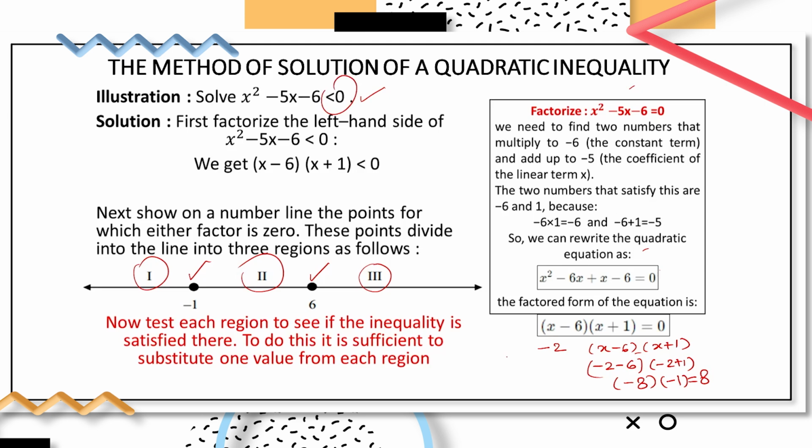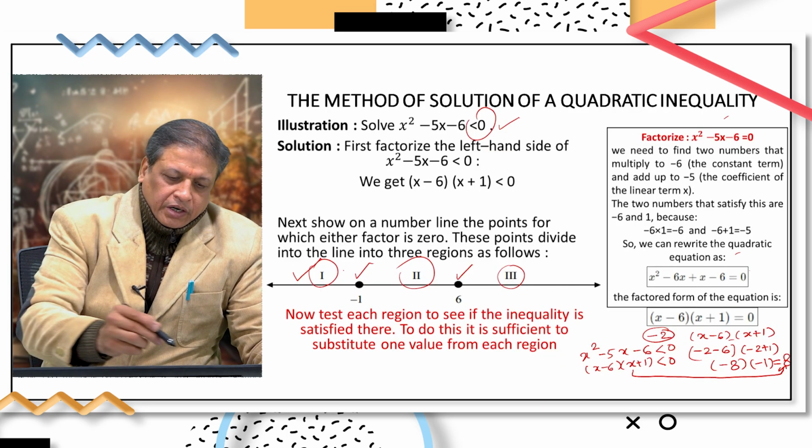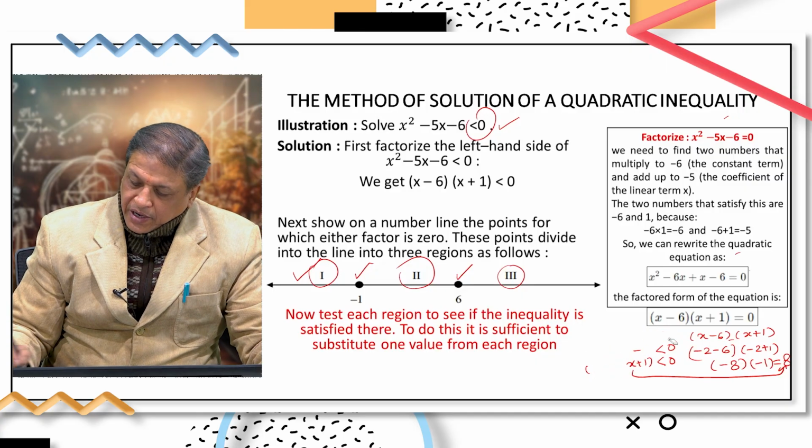Because the inequality given to us is x square minus 5x minus 6 less than 0, that is x minus 6 into x plus 1 should be less than 0. And we got this value 8 by substituting the value minus 2 which lies in region 1. Now that means the solution set is not included in region 1. Let's verify it for region 2.